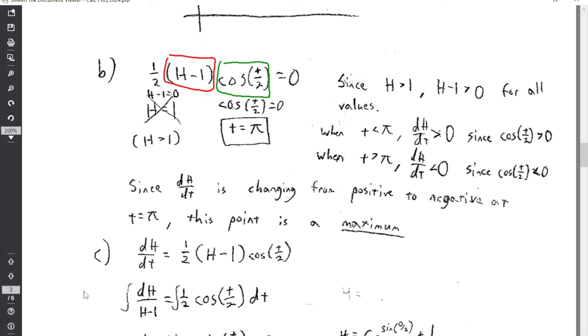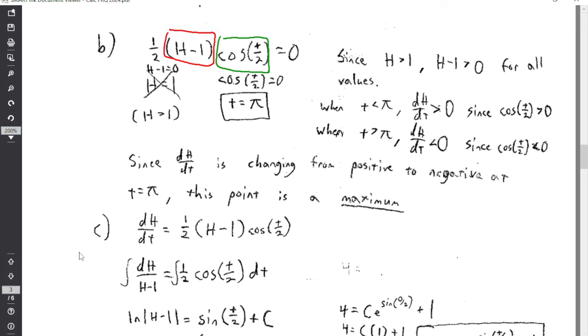And then to undo our chain rule, you can do a u substitution if you'd like, but antiderivative of cosine is sine, and then we have the t over 2, and then we put our plus c, plus our constant. There's our constant of integration. And now, the way that I like to do this one is I'm going to solve for h first.